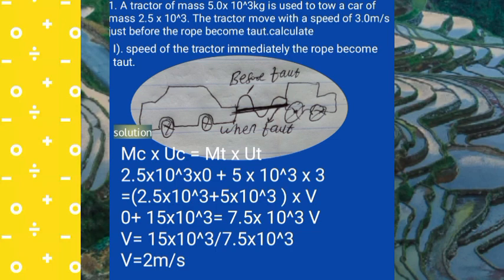The question asks for the speed of the tractor immediately the rope became taut. So the car's initial velocity is 0.